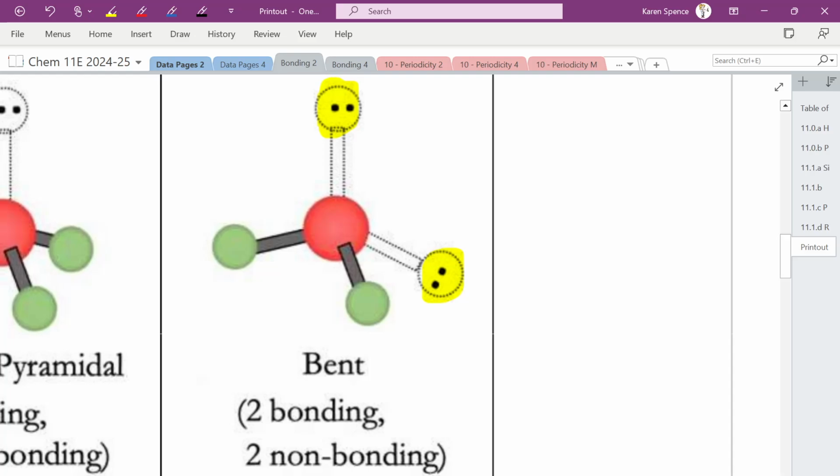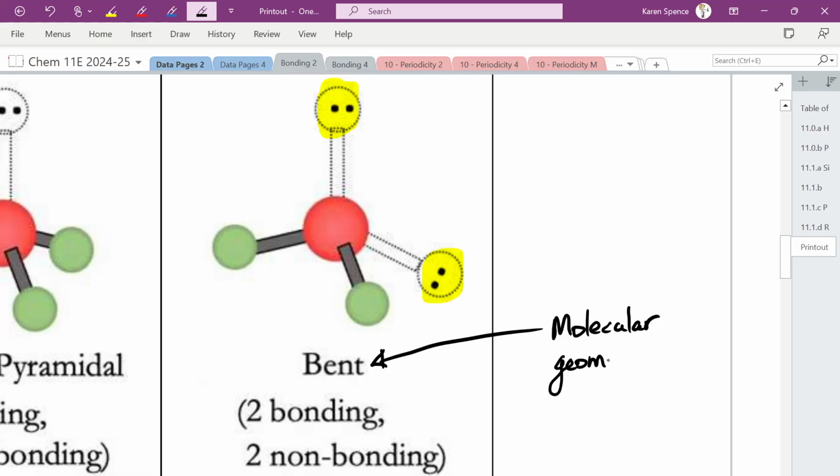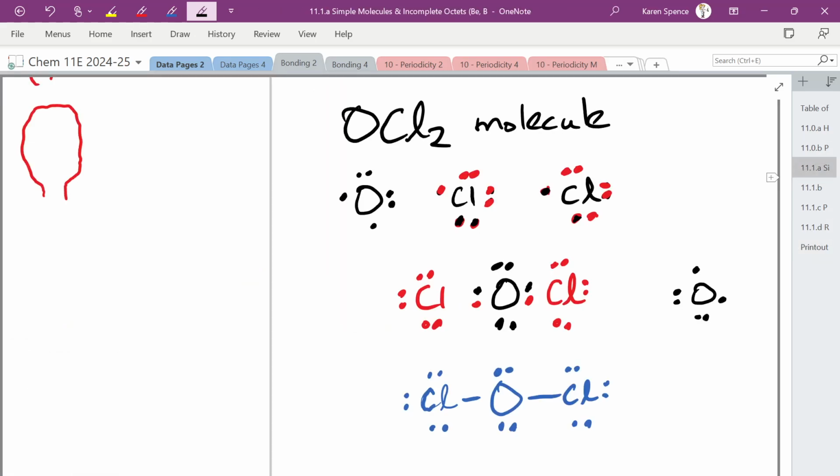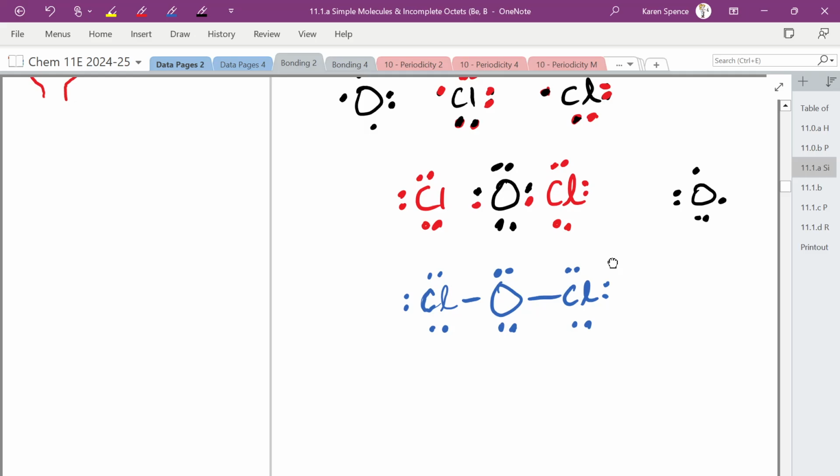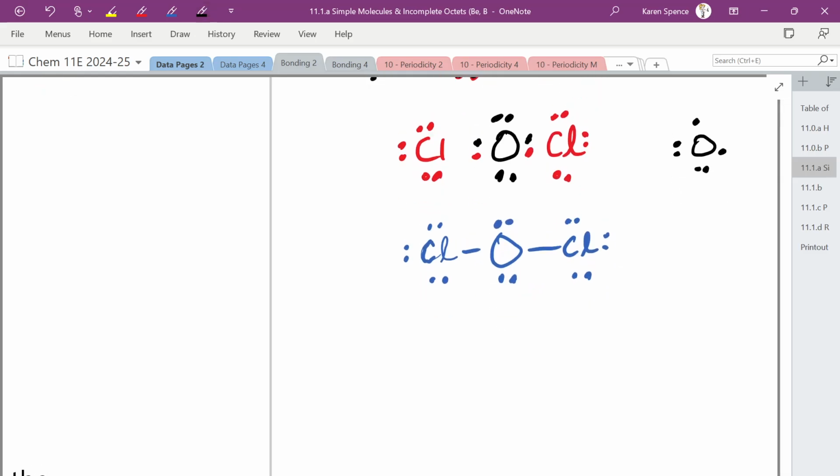The molecular geometry is bent. Is that good? Okay. Okay, so that's our OCl2.